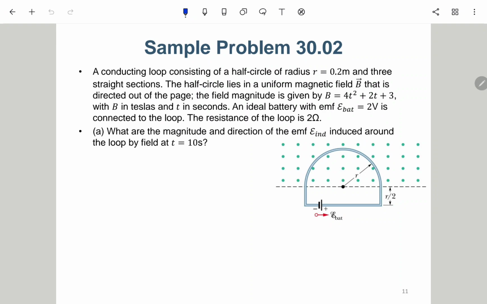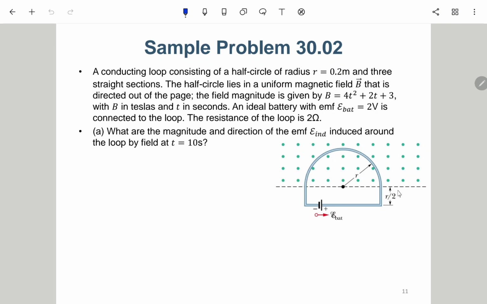Okay, so here we have a sample problem so that we can practice this Faraday's law and Lenz's law. It says a conducting loop consisting of a half circle of radius r and 3 straight sections.